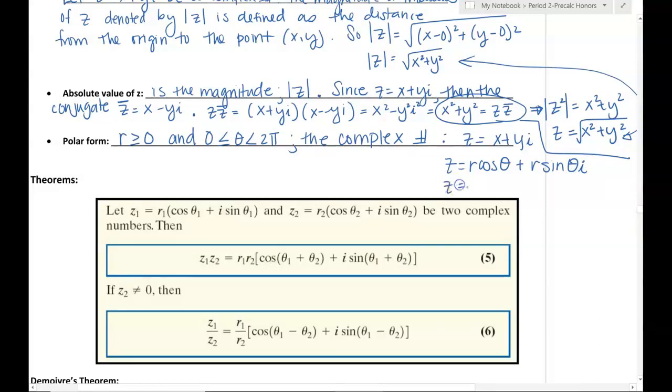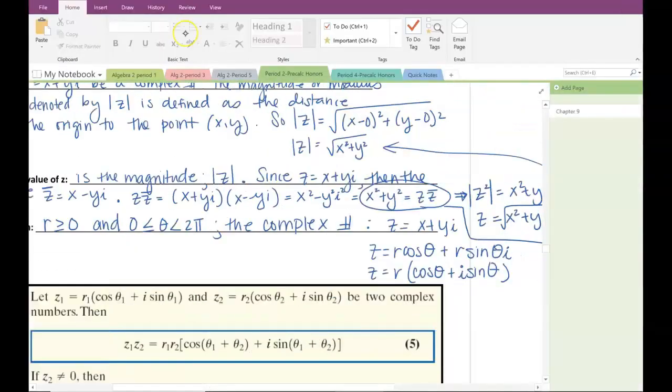But we can make this prettier by factoring out the radius. So z equals radius times cosine of theta plus i sine of theta.